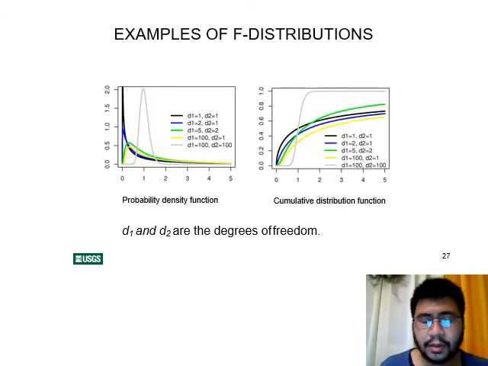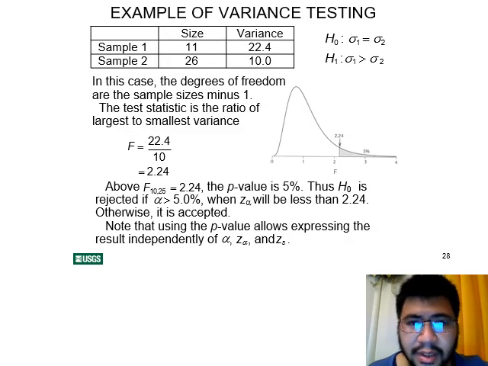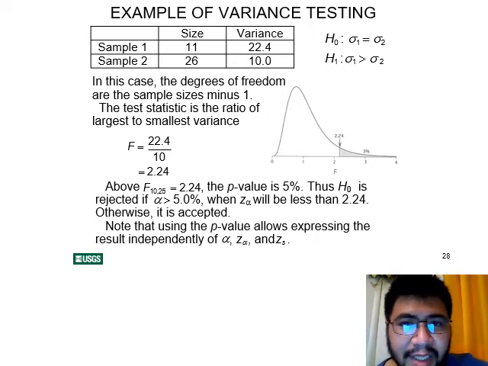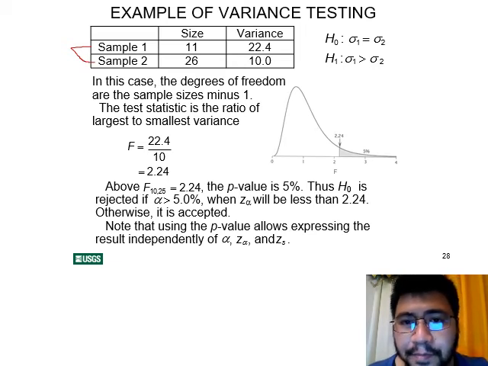Okay, so skipping this one. And yeah, we have an example here. We have two groups represented by sample 1 and sample 2. So these are coming from two different populations. So this is your apple and orange comparison.